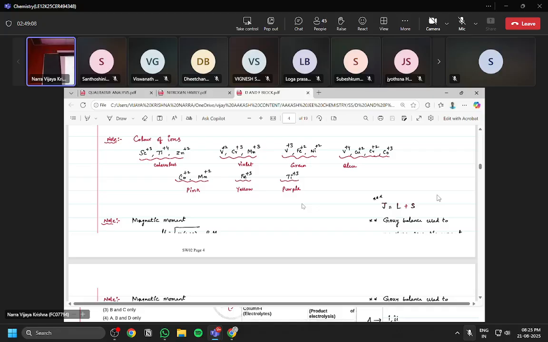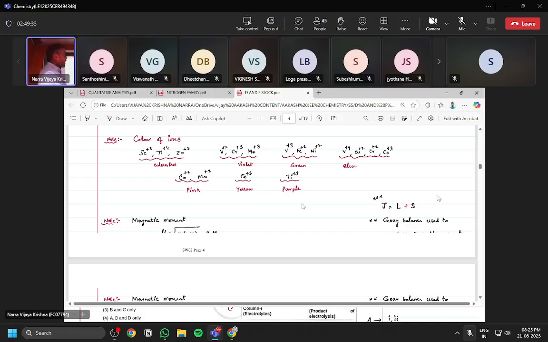Already you know, cobalt and copper, both blue. Chromium plus 2, vanadium plus 4, blue. Vanadium plus 3, iron plus 2, nickel plus 2, green. Only one, titanium plus 3, purple. Fe plus 3, yellow. This is known. Cobalt and manganese plus 2, pink. This is also known. Colorless ones are waste things. Only you need to remember these three.